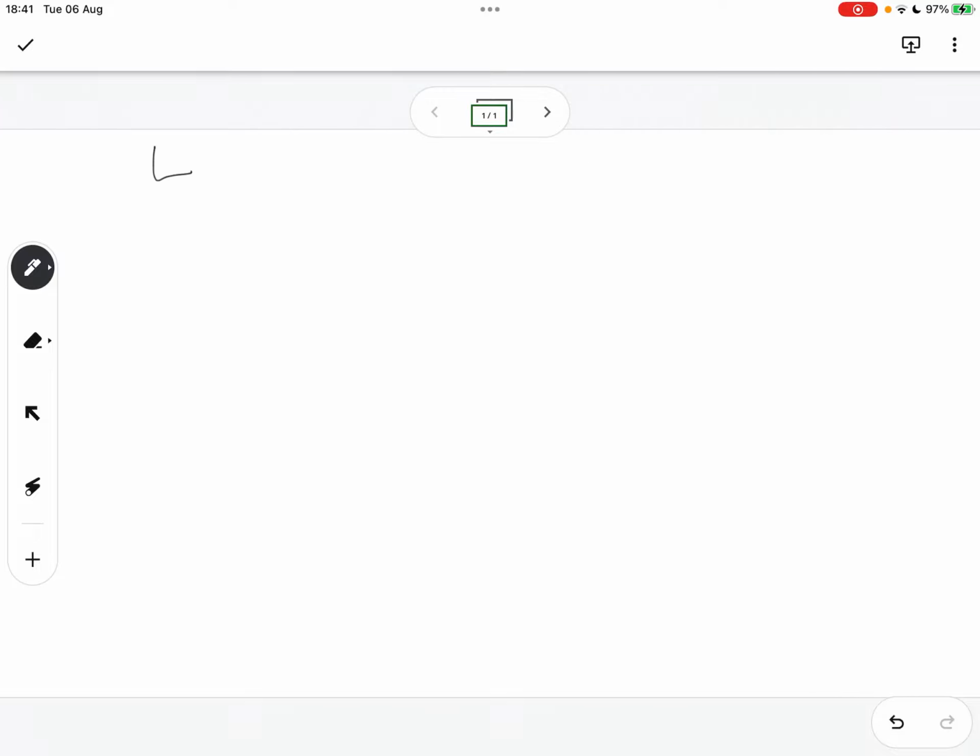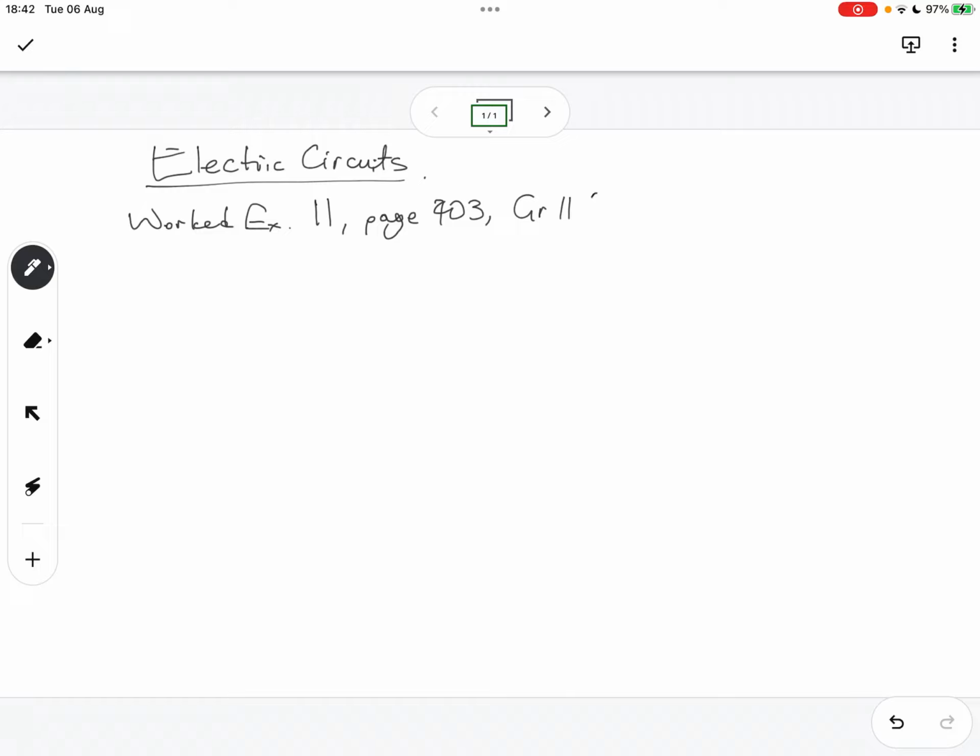So let's say we have a circuit. We're still doing electric circuits. All right. So we're given a circuit in worked example number 11 on page 403 of our grade 11 textbook.